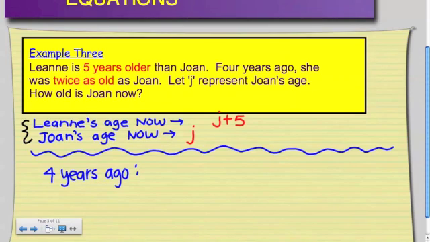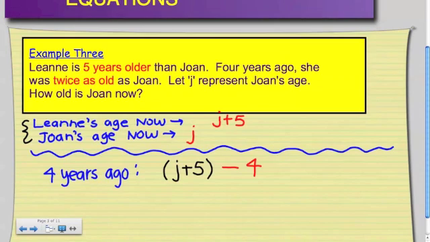So I already know Leanne's age now is J plus 5. So now how do I say 4 years ago mathematically? What do I subtract from Leanne's age now? What number should I subtract if I'm talking about 4 years ago? The number 4. Good. So J plus 5 minus 4.